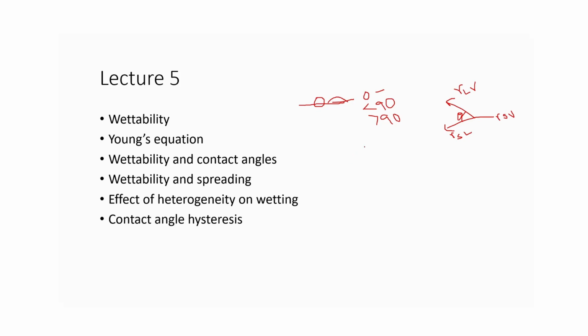So we get a relation as cos theta equals gamma SV minus gamma SL by gamma LV.